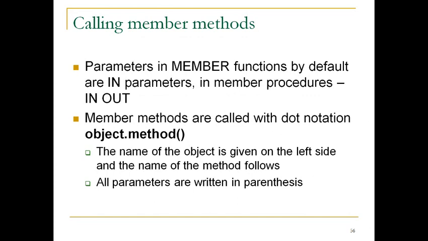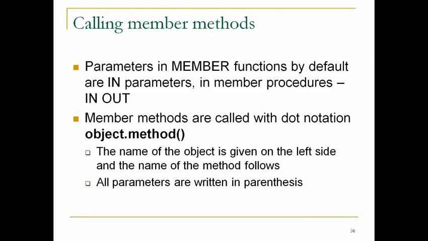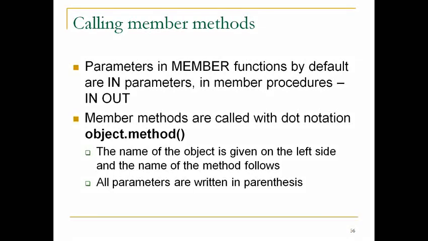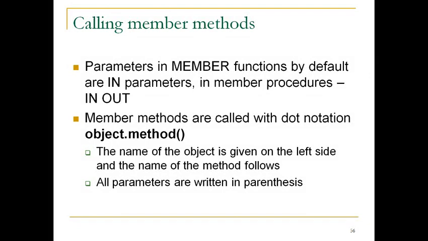And as I said, this is the way you can call the member method, using the object, then the name of the method. And of course, the object is on the left side as the biggest thing, and its part is on the right side as the smallest thing. If we have one very big object and then smaller ones, we write the biggest one on the left side, and the very, very smallest one on the very, very right side.